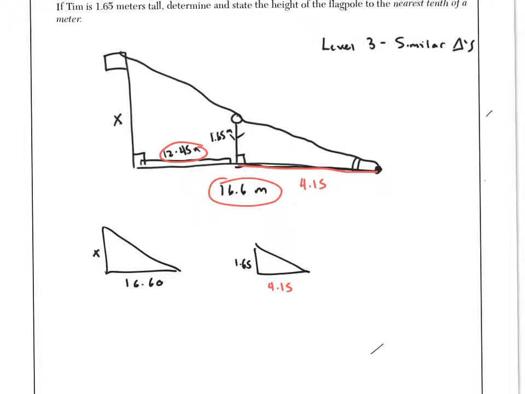So now we'll just set up our ratio. X is to 1.65 as 16.6 is to 4.15. All right, nice and easy. Cross multiply this. 4.15x is equal to, well, I have to put this in the calculator myself. Let's put it in. 16.6 times 1.65.